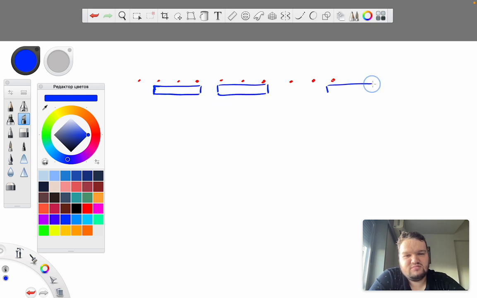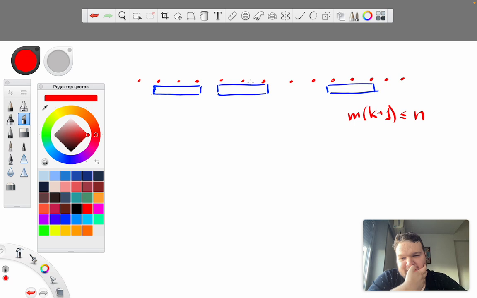Like this. So for that to be possible, we must have m times k plus 1 at most n. But it is tempting to just say let's choose those segments, they should be non-intersecting, and then for each segment we could place the tree in its left or right border.